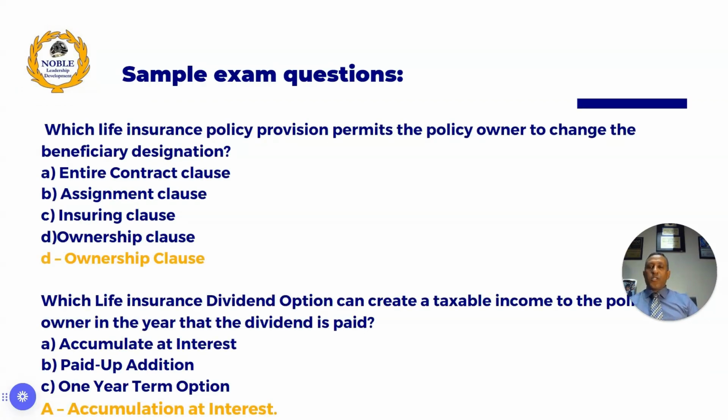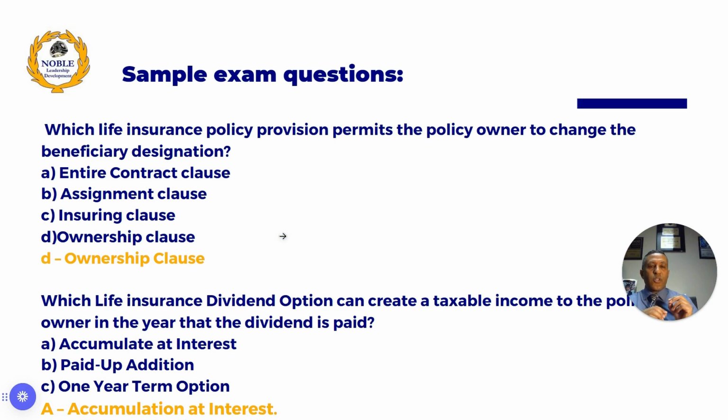Additional sample questions. Which life insurance policy provision permits the policy owner to change the beneficiary designation? So which one will allow you to do beneficiary designation, right? The entire contract clause, assignment clause, insuring clause, ownership clause, right?